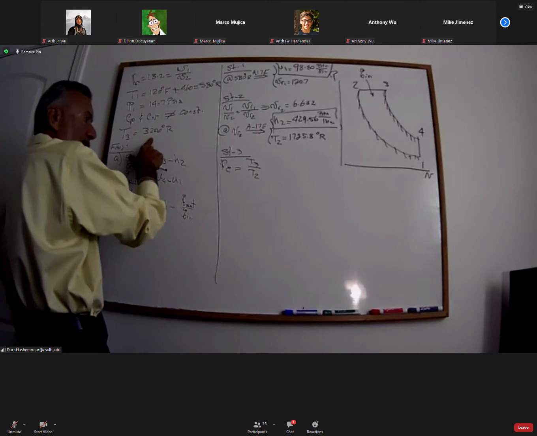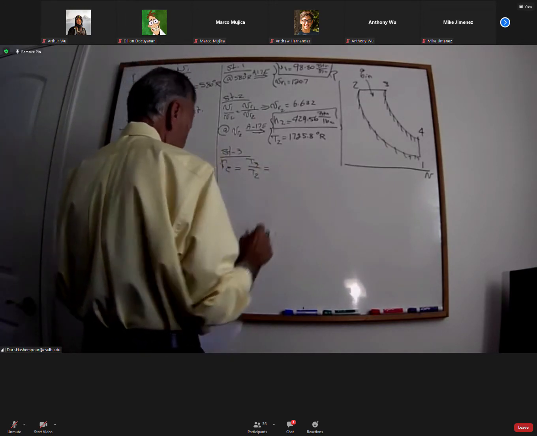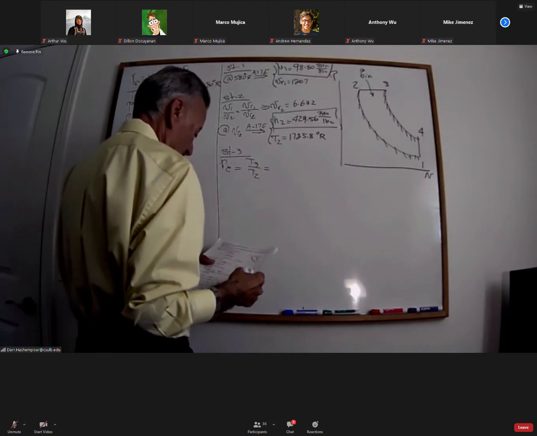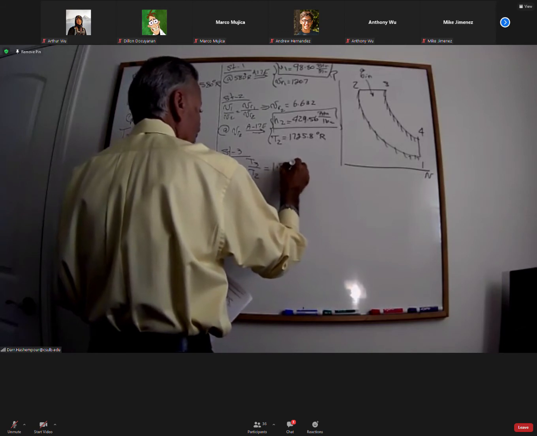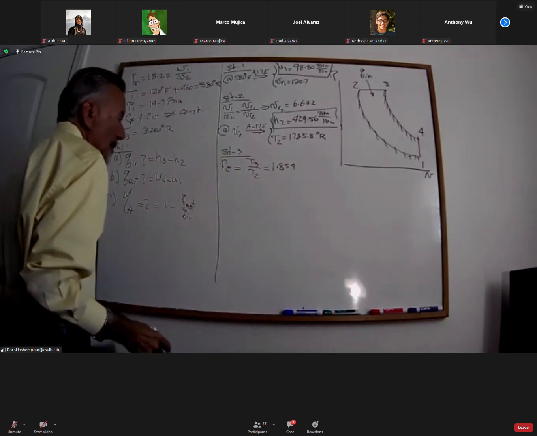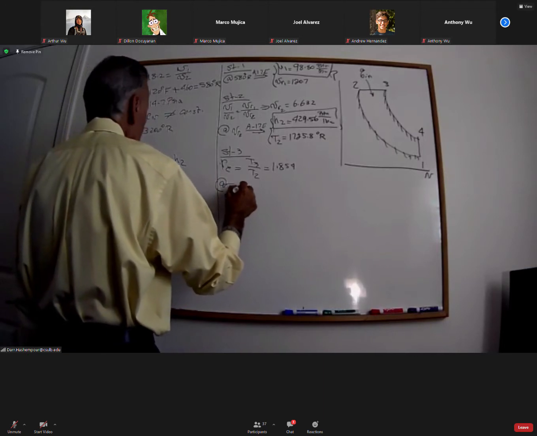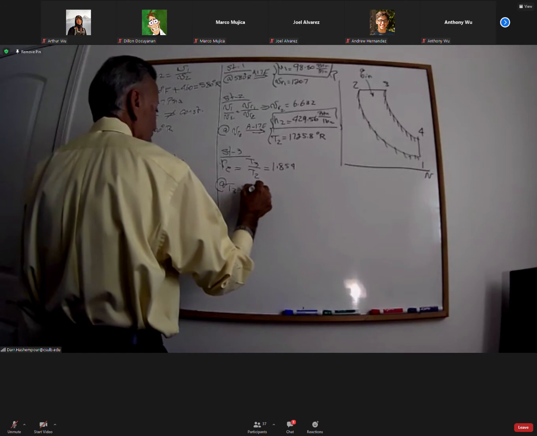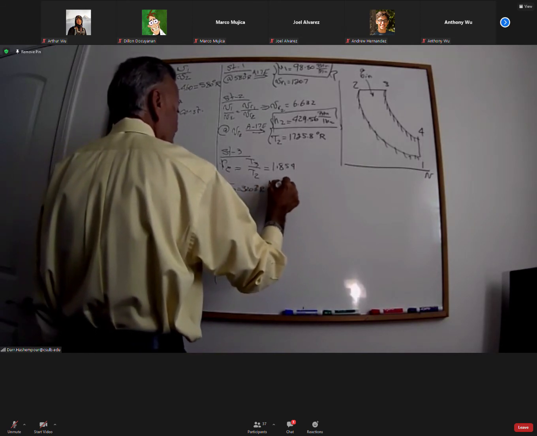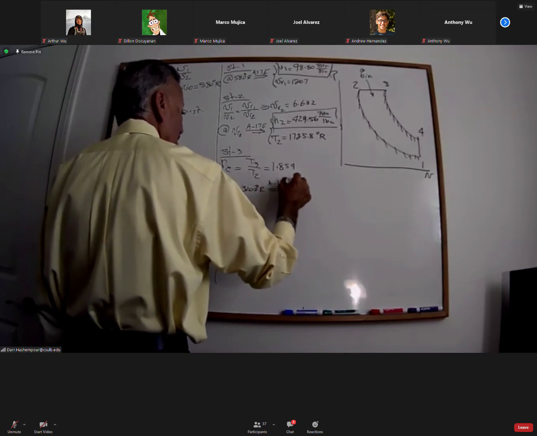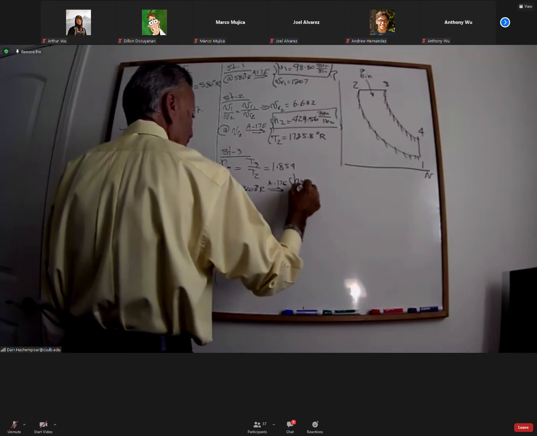T3 is given, T2 I just found, so my cutoff ratio value becomes 1.854 that I can use later. Now, at T3 equal to 3200 degrees Rankine, I go to table A17E.